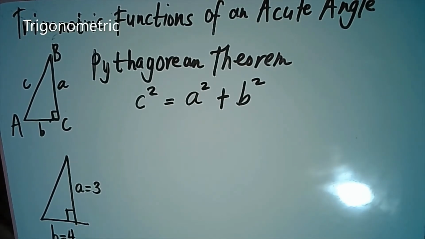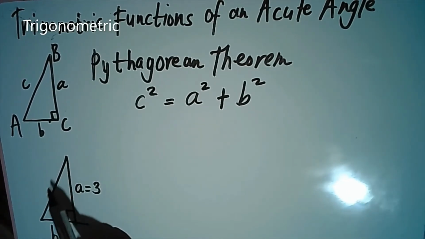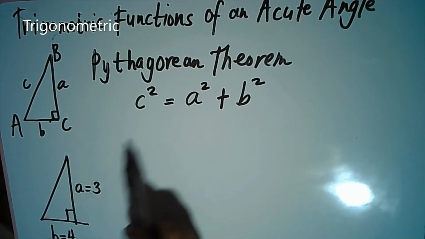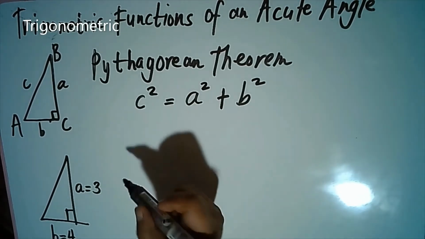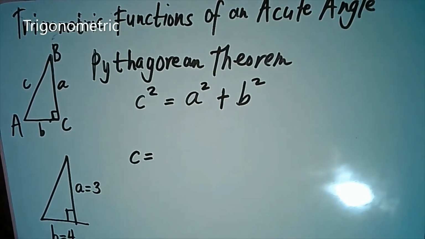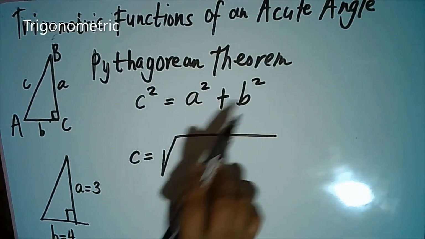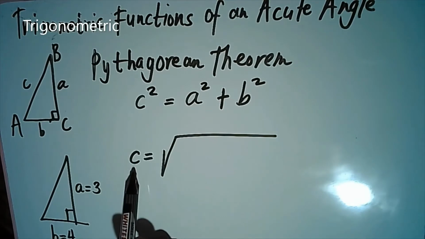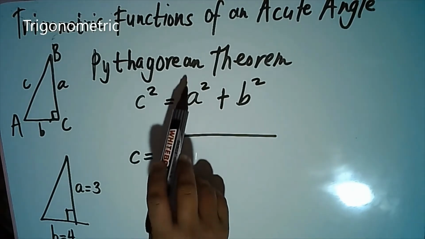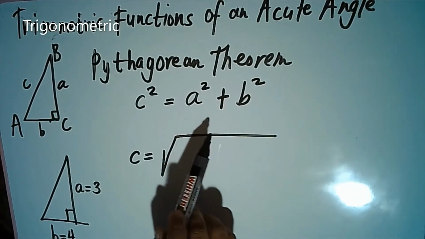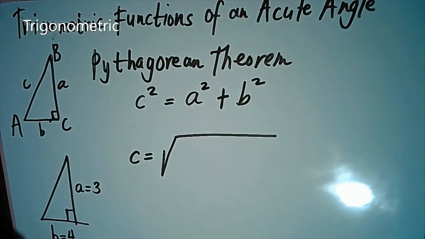We will be able to find the measurement of side c using the Pythagorean theorem. So we take the square root of both sides, and we get c equal to the square root of a squared plus b squared.